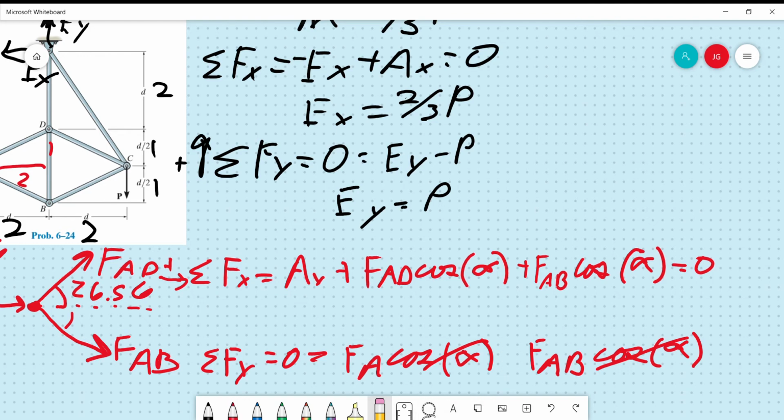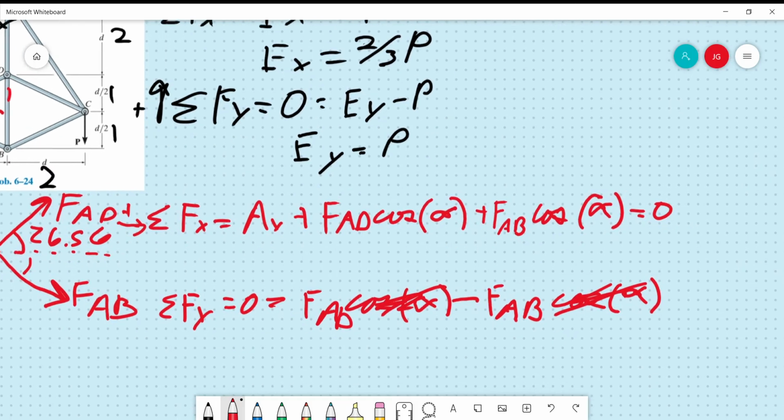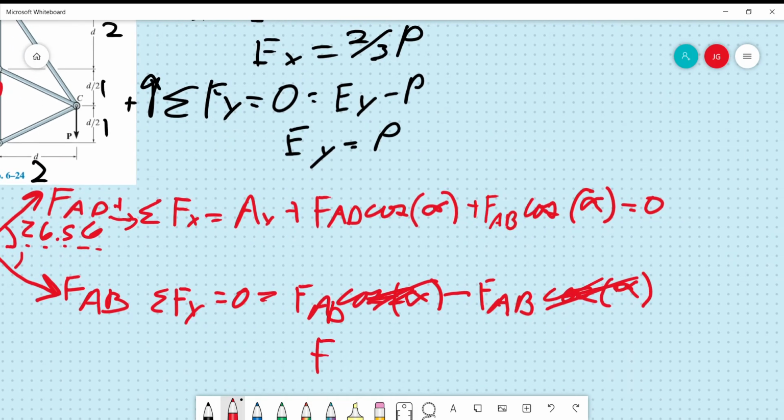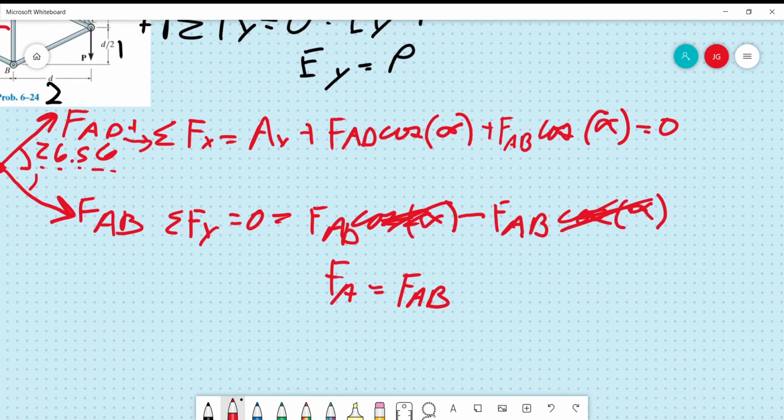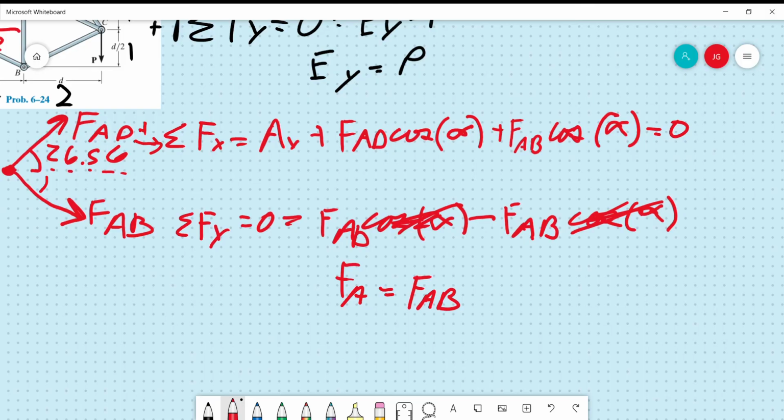It's actually FAD minus FAB. These are going to cancel out, so you'll be left with FAD equal to FAB. And so you can just take that and plug it into this. Remember, this is 2 over 3 P, and everything's going to be in terms of P.